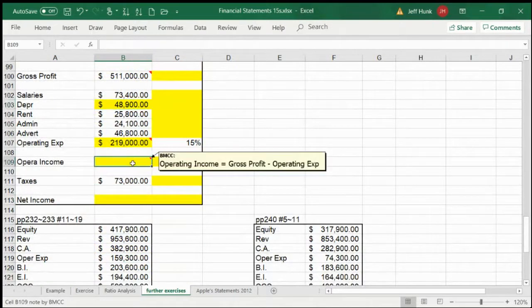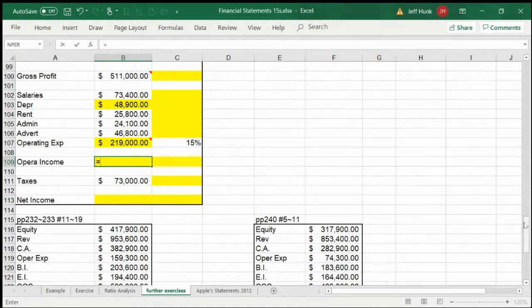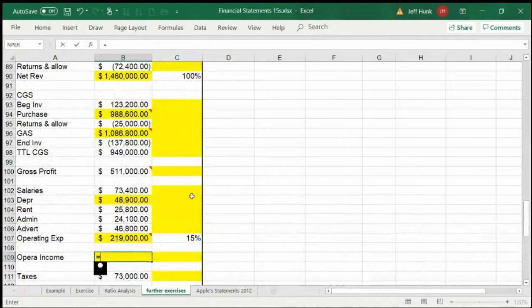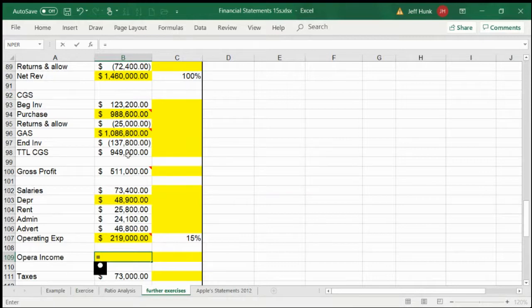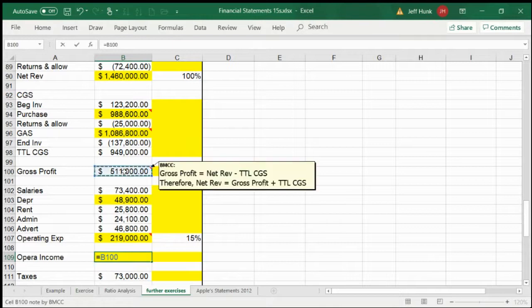And then finally, operating income is, now, normally you would get the operating income by subtracting CGS and OPEX from net revenue, right? But you can do it that way. But we already have gross profit, which is the result of subtracting CGS from net revenue. So here we will use this result.